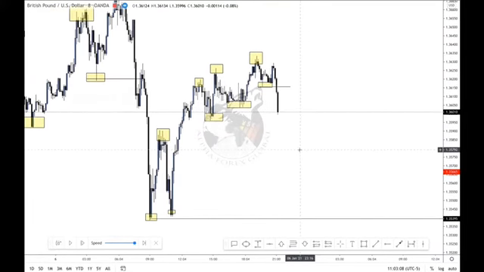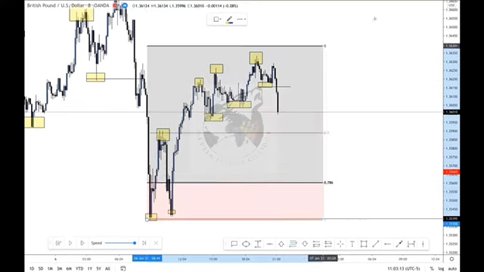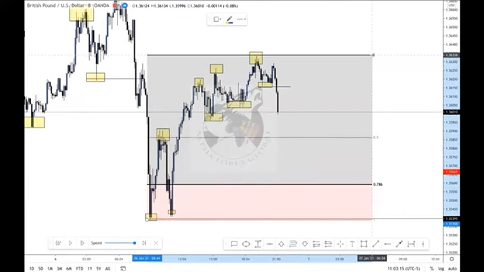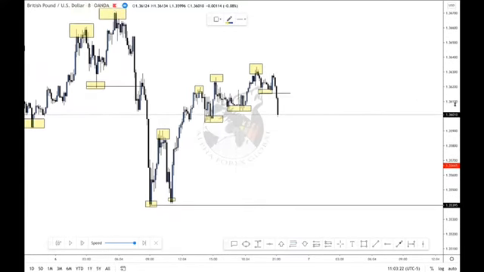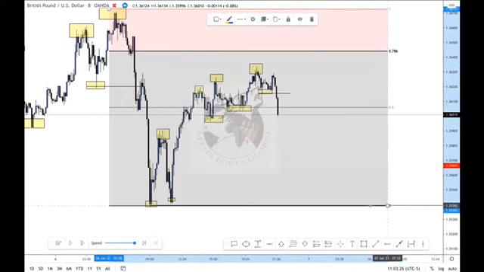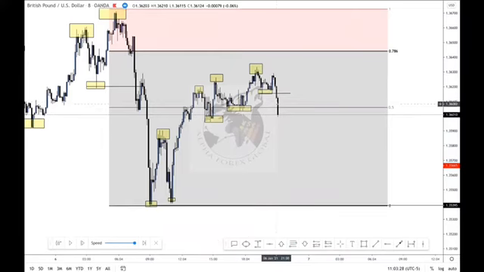Now where entry is concerned, let's get back our discount and premium price fib. You notice now that price is actually in the premium price where we're looking for sells, right?